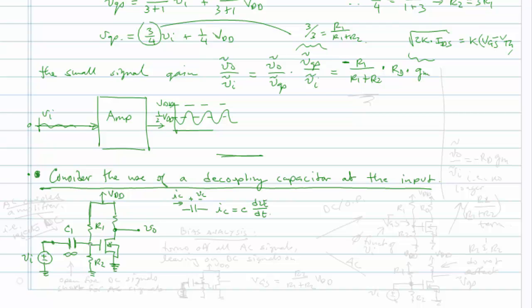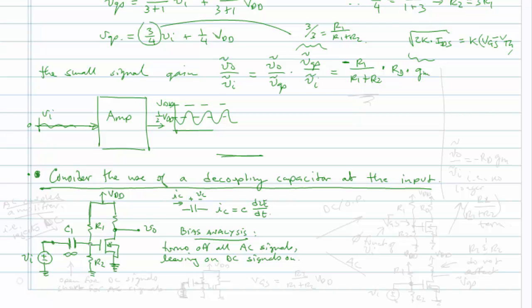So what we can do here is, when we do the DC bias analysis, we turn off all AC signals, leaving only DC signals on.